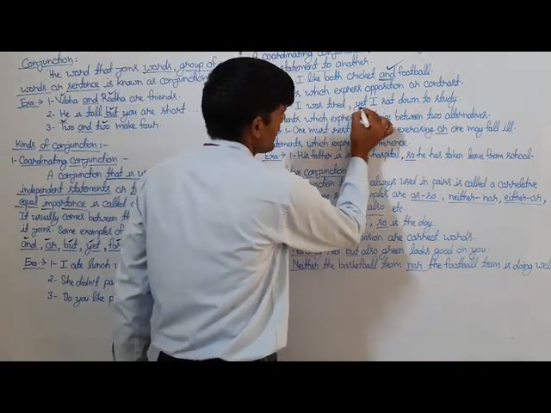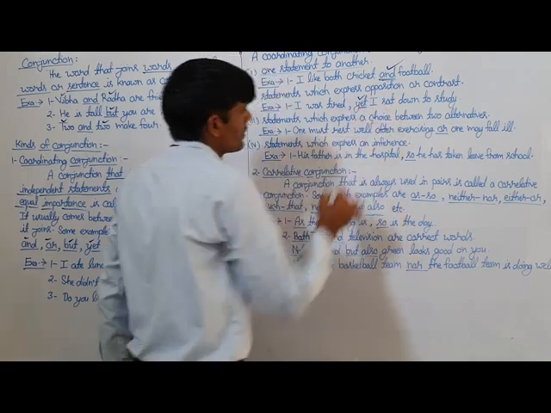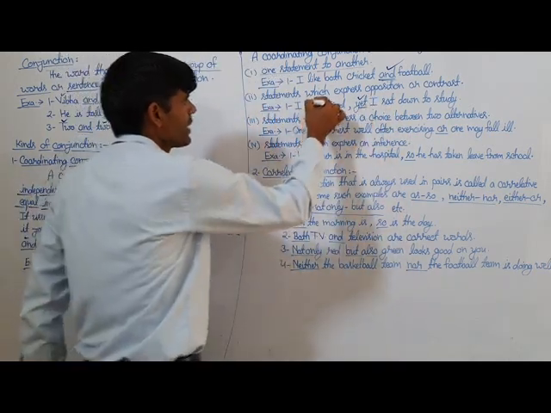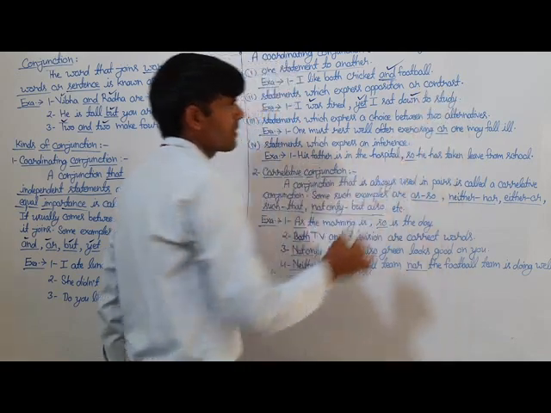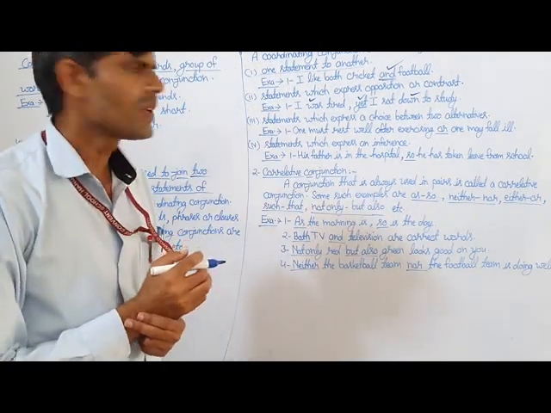Here in the first sentence, the underlined word yet is used to join two statements which express contrast or opposition with each other.